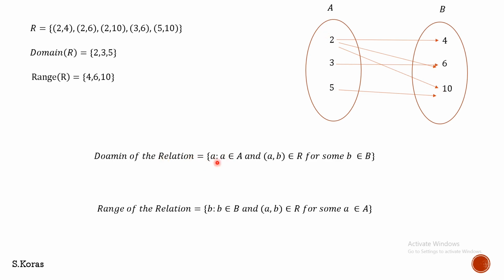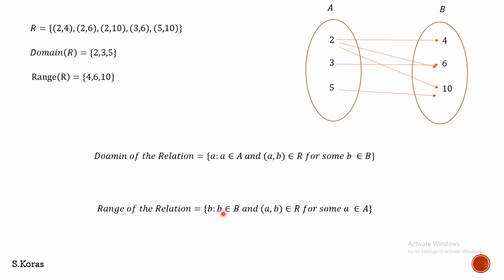This small a belongs to this set capital A, such that this small a must be related with b which belongs to this relation, and this b should be in the set capital B. So simply, these elements make the domain, and these elements make the range. In the same way, the range of the relation is nothing but elements from the capital B set, that is small b.